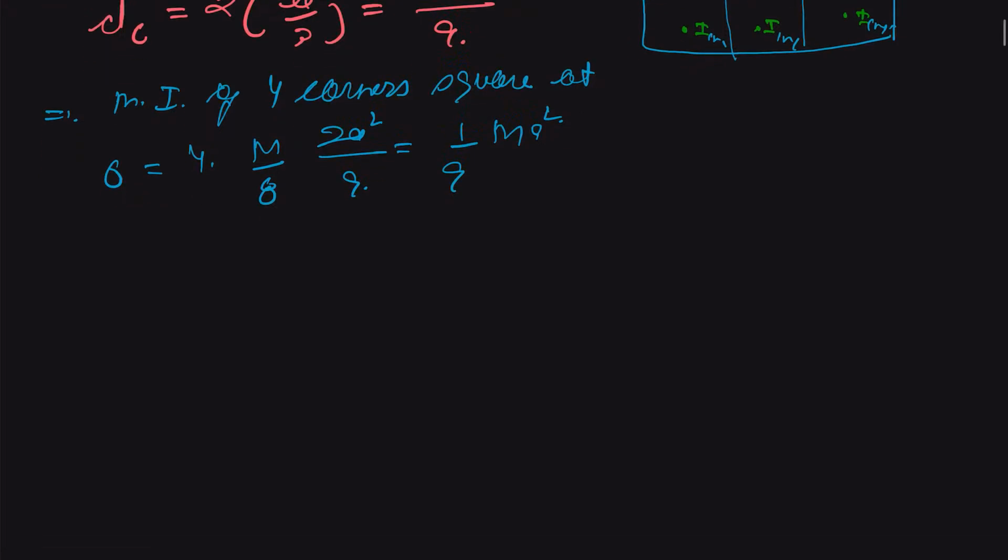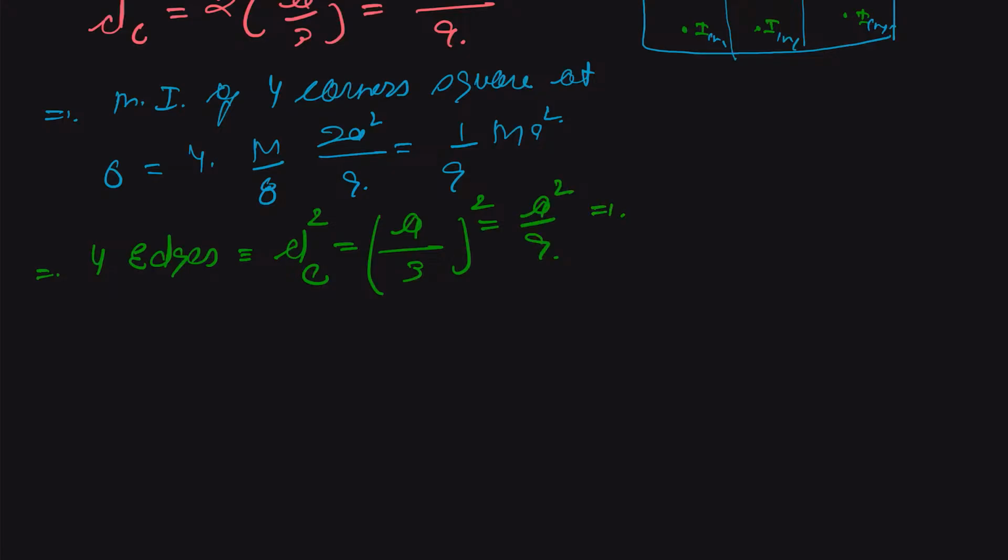Similarly, we have 4 edge squares. For the 4 edges, their distance square will be equal to a by 3 whole square, giving us a square by 9.